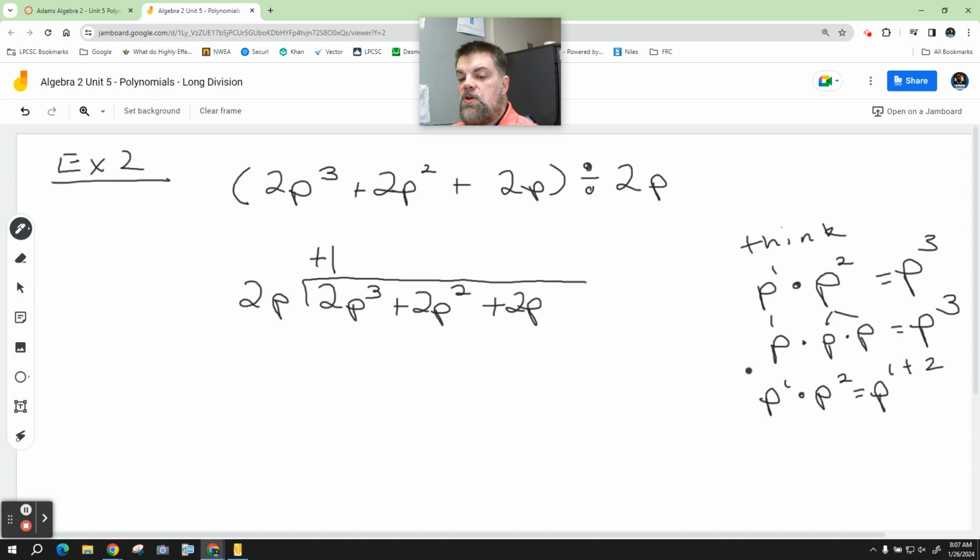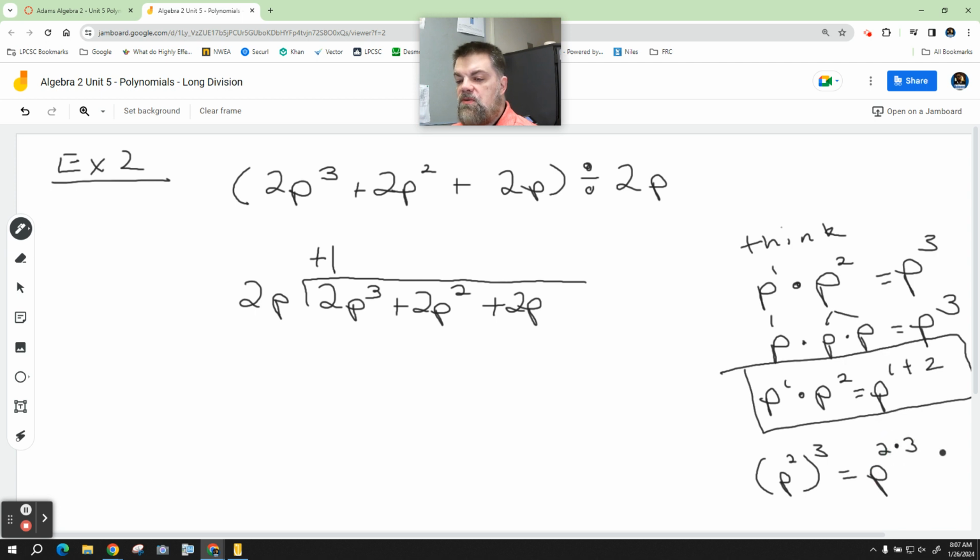Now there's 2 rules. This is the rule that we're using now. Another rule is when you multiply them. We're always going to add the powers in this particular case, but sometimes kids get confused. What if I have p squared cubed? Well, that shortcut would be p raised to the 2 times 3, which would be p to the 6.